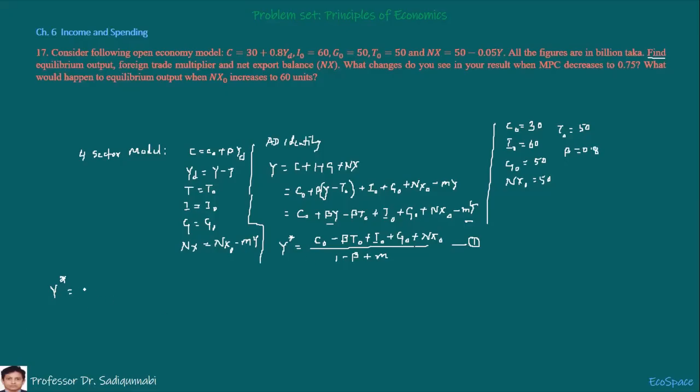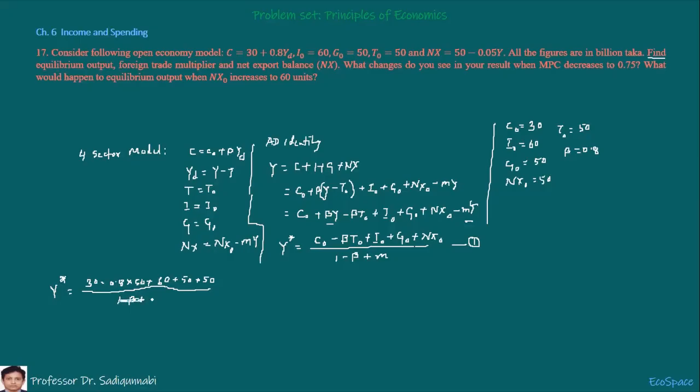So y star equals 40 minus 0.8 times 50 plus 60 plus 50 plus 50 divided by 1 minus beta plus m.